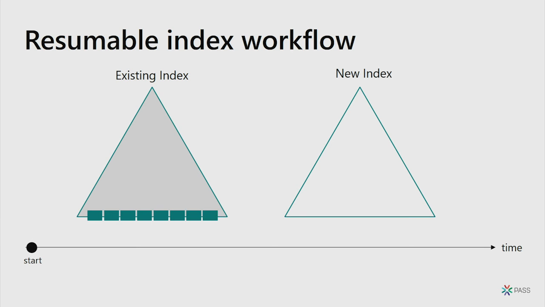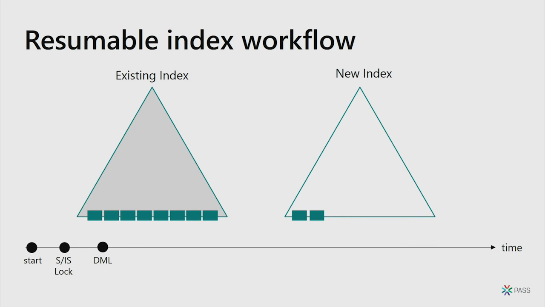We start our operation. We have to get a shared lock to read the pages, but we don't have to exclusively lock them. That's why it's online. If you're doing a regular offline index operation, we exclusively lock things and you can't use it at all. So online means we're just doing shared locks.